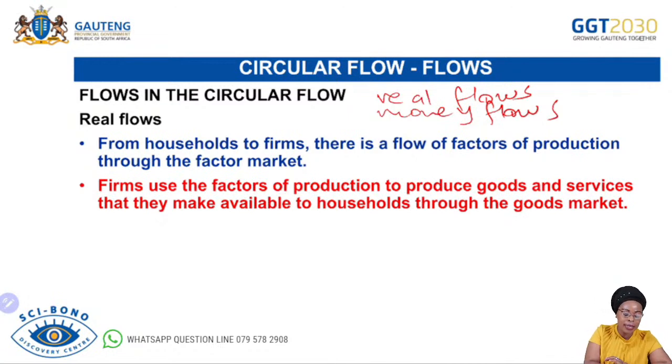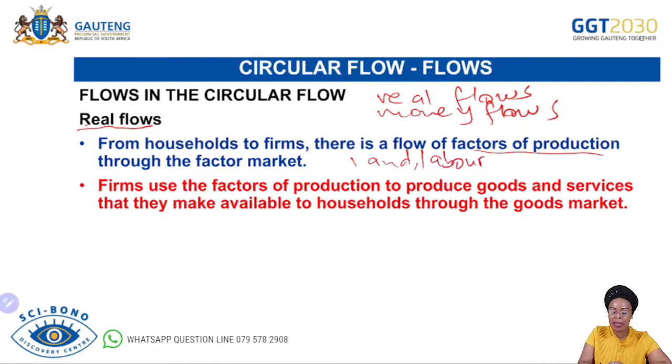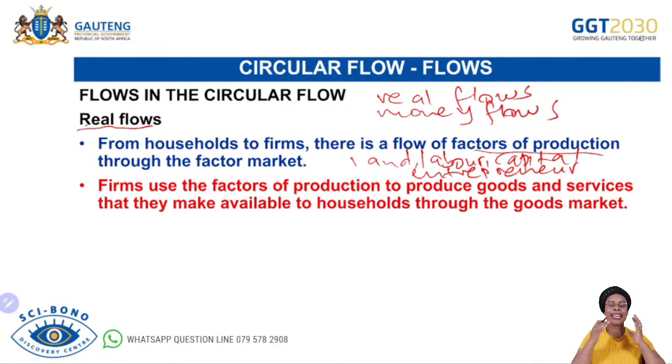So let's start with the real flows. The real flow will be factors of production. Remember the land, the labor, the capital, the entrepreneurship. They are all known as factors of production. So they are real flows.